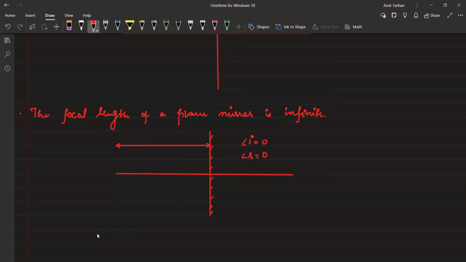So the ray will not reflect at a specific point. It will reflect back in the same direction. That's why the focal length of a plane mirror is infinite. Is this clear to you, everybody? Yes, sir. Any doubt? No, sir.